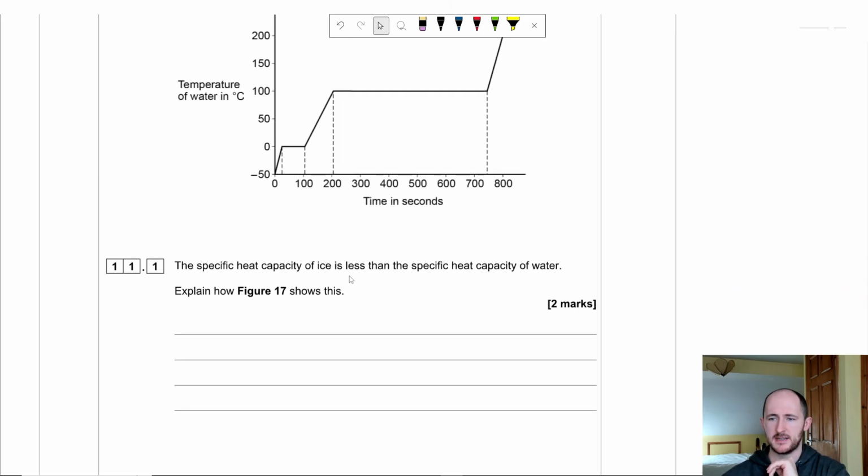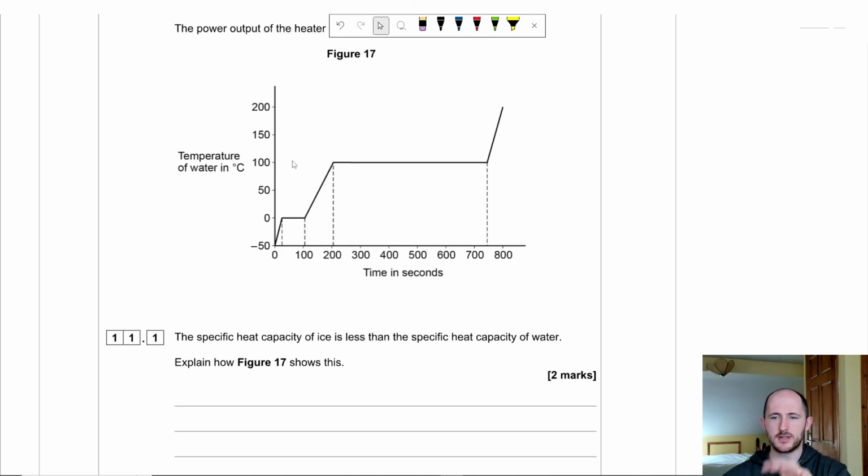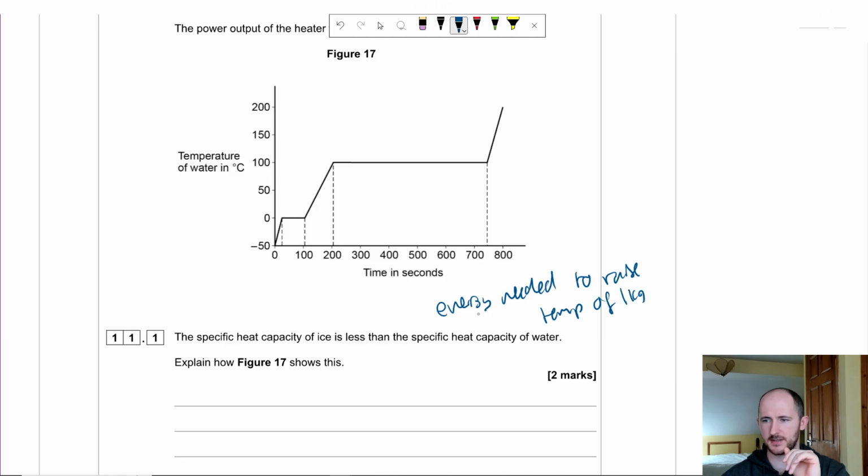The specific heat capacity of ice is less than the specific heat capacity of water. But how does the figure show this? Well, if you remember what specific heat capacity is, it is the energy needed to raise the temperature of 1 kilogram of a substance by 1 degree.